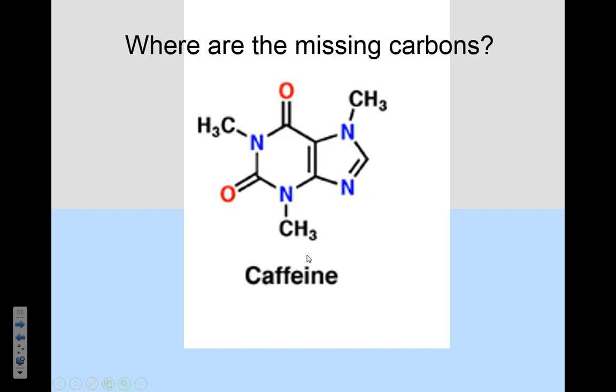So if I've got a picture like this, what have they done to actually hide some of the atoms? Well, they did it to make the picture a little bit easier. And what you need to understand is these lines are bonds. Remember, we drew molecules in first semester, and obviously one line would be one bond, two lines would be a double bond. But those lines have to connect to something.